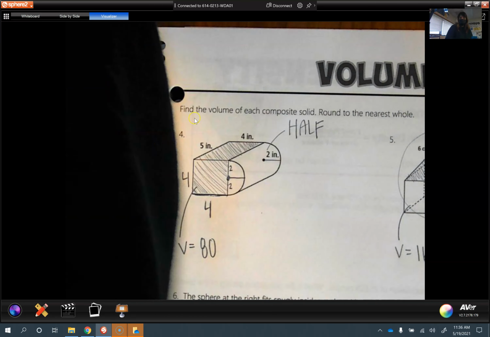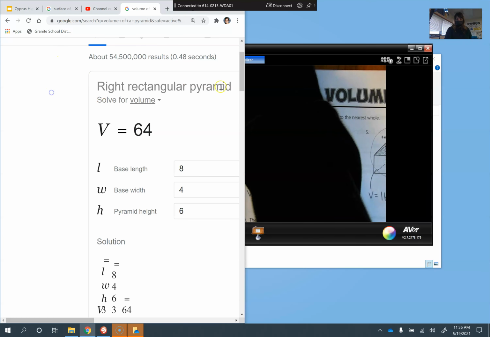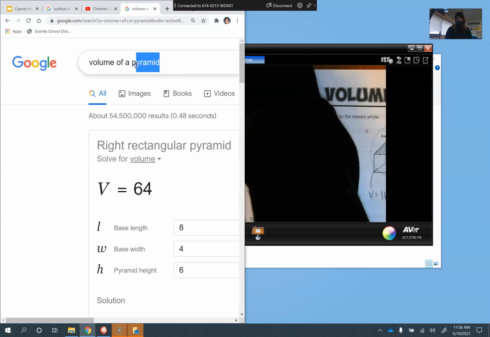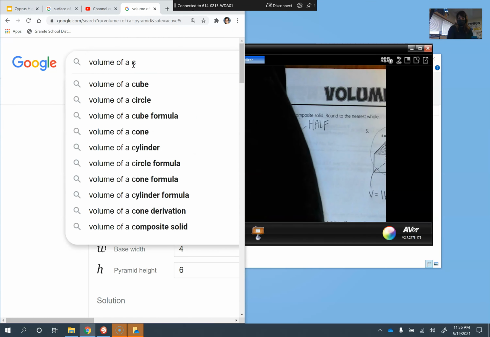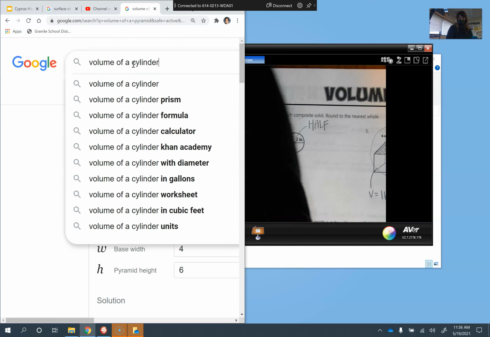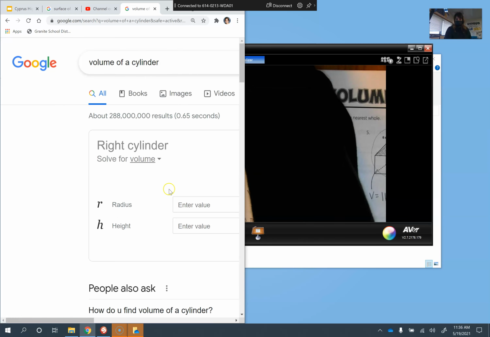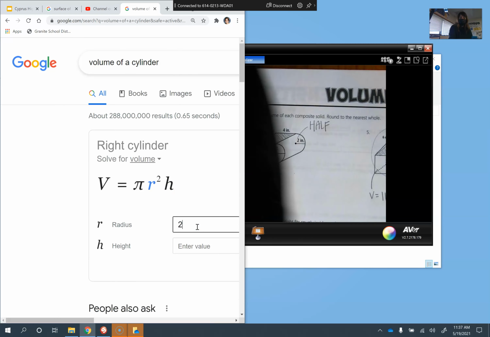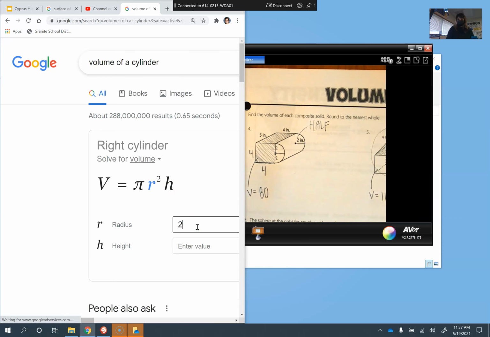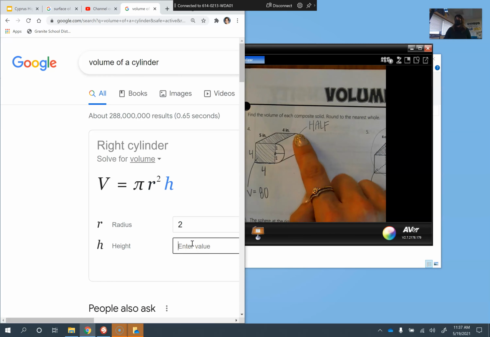So if we go to Google, I can type in cylinder. The radius is 2. This time they just give it to us. The height is 5. So the height of this cylinder matches this side.